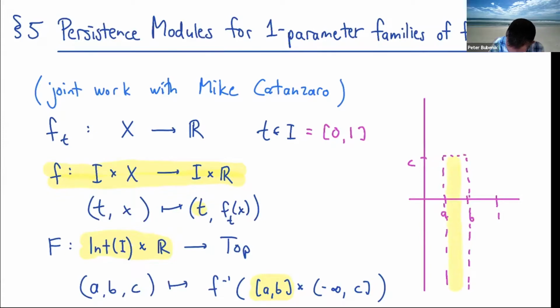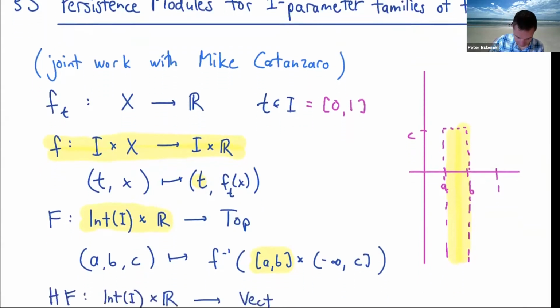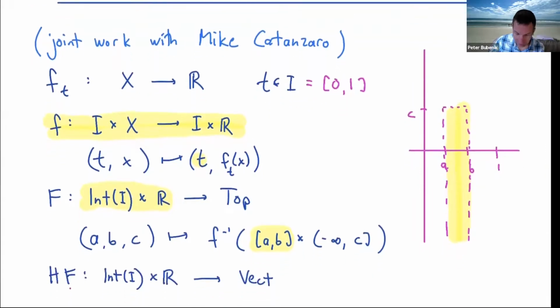And we'll look at inverse images of these semi-infinite strips in the graph of F. All right, and that gives us a diagram of spaces that has 3 parameters. And taking homology, we get a persistence module that has 3 parameters.